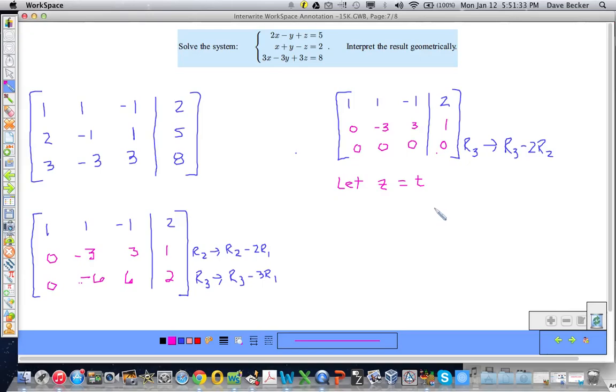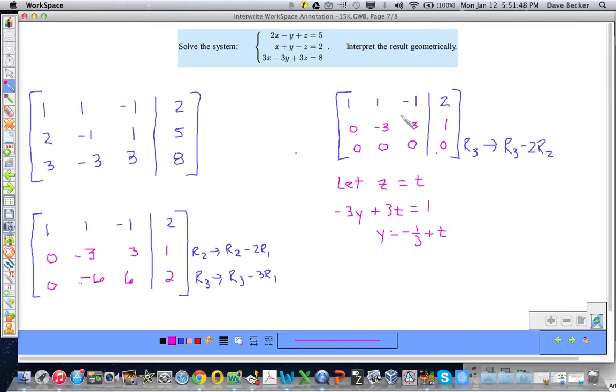And so then that means in row 2, I would have negative 3y plus 3t is equal to 1. And solving for y, I would get negative 1/3 plus t.